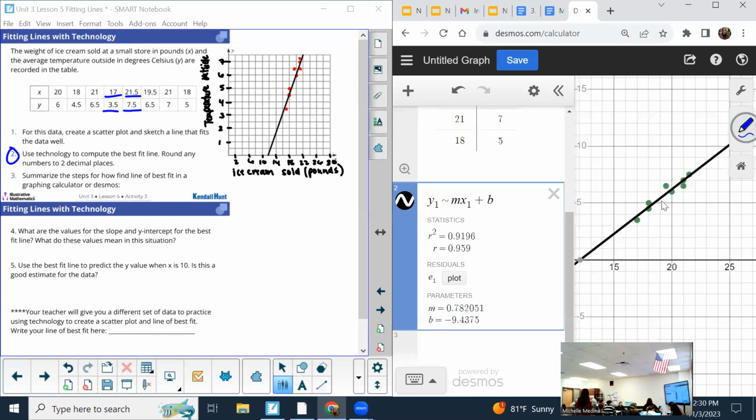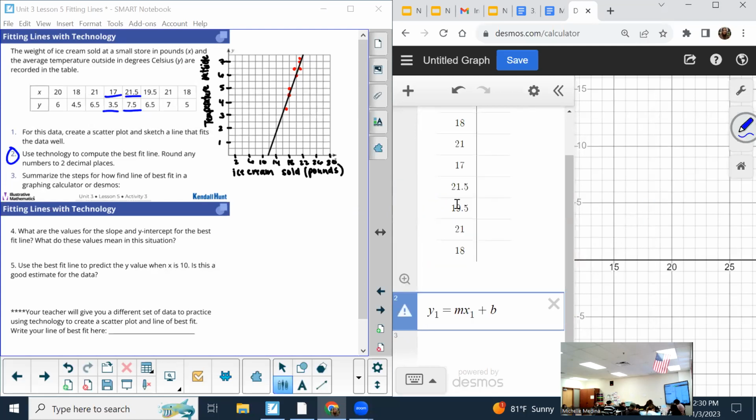Questions on that? Now I know someone on Monday is going to try doing this and they're going to forget that it's a squiggly line and they're going to put in equals and then it's going to have an error message. I cannot help you during a test with your calculator.